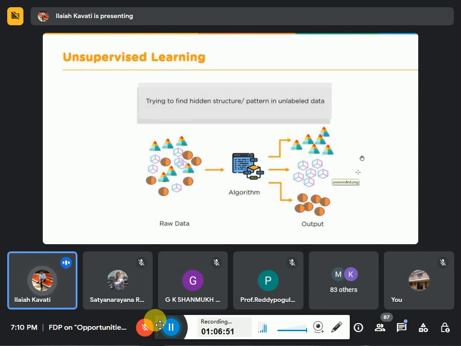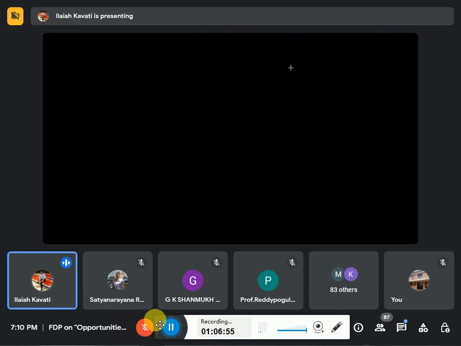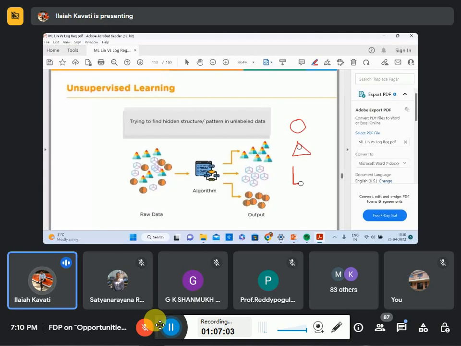Let me give a simple example. Suppose I have data: a circle, a triangle and a square. Let us assume there are some 5 circles, 3 triangles, and so on.